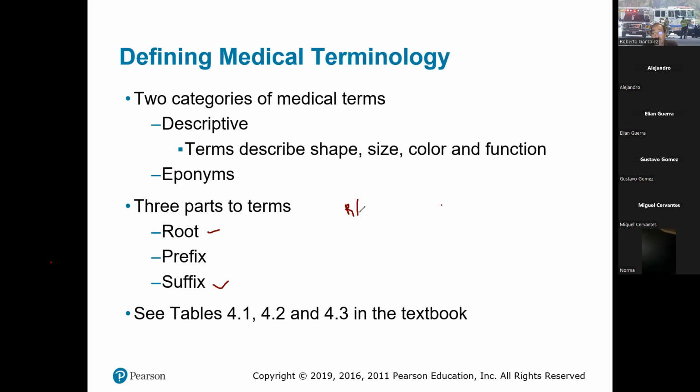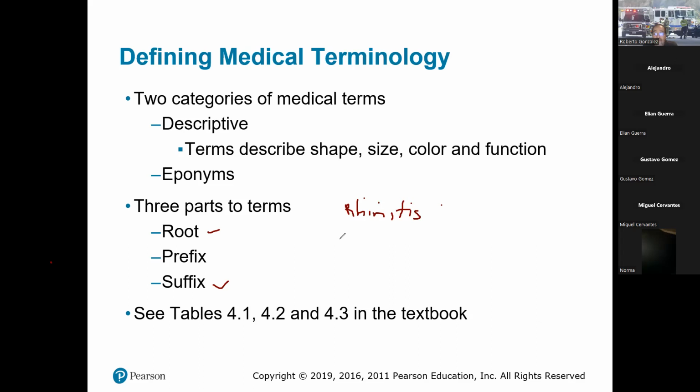Rhino means nose. Whenever you see a rhinoceros, you know that these animals have a big humongous horn, which basically looks like a nose. So rhinitis: rhino means nose, itis means inflammation.